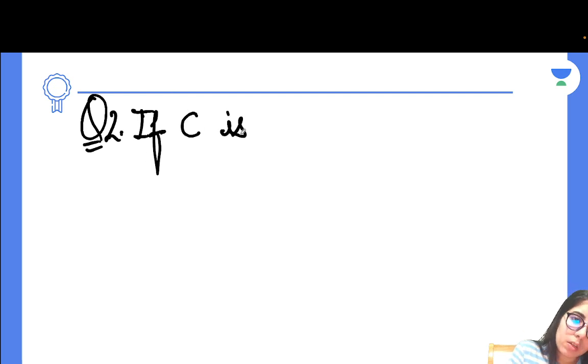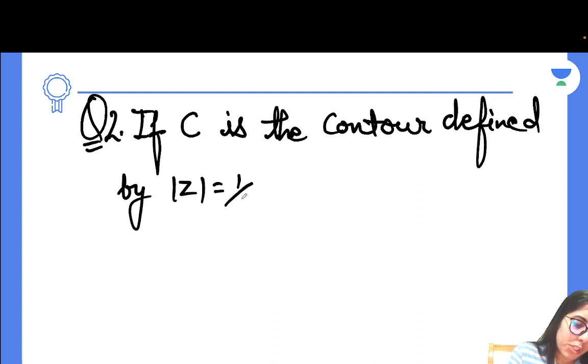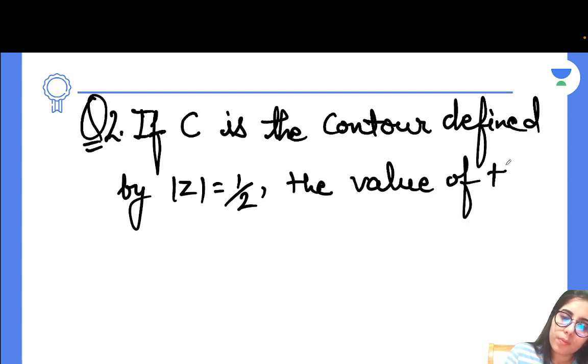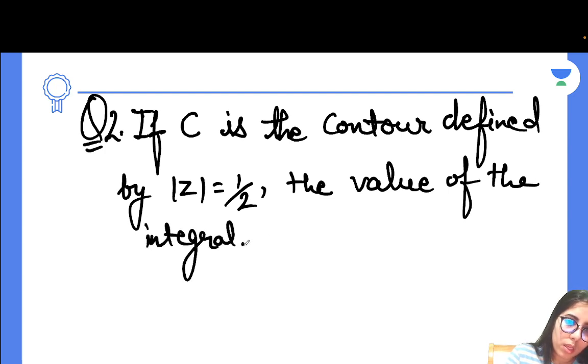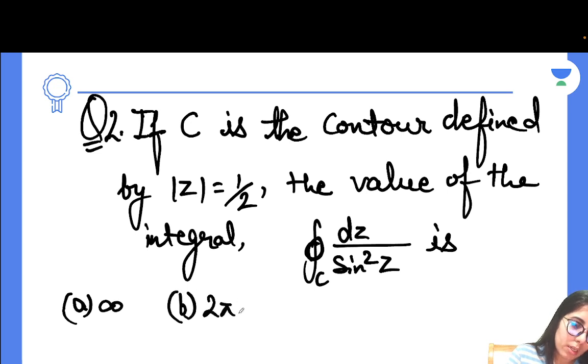If C is the contour defined by mod z is equal to 1 over 2, the value of the integral over C, this shows a closed contour, the circle, of dz over sine square z is. Options are infinity, 2 pi iota, 0 and pi iota.